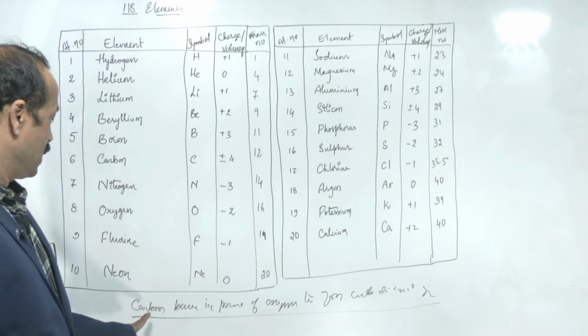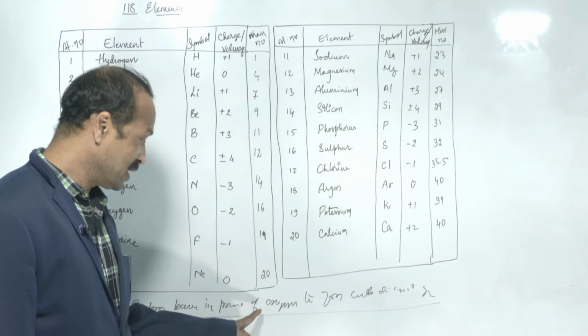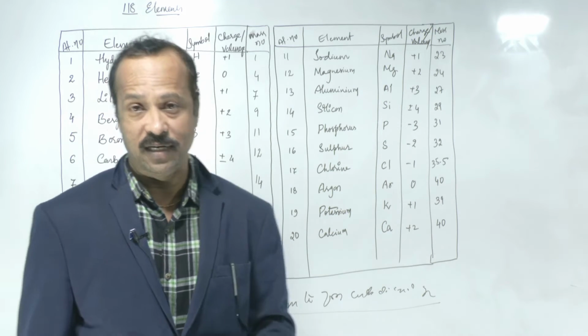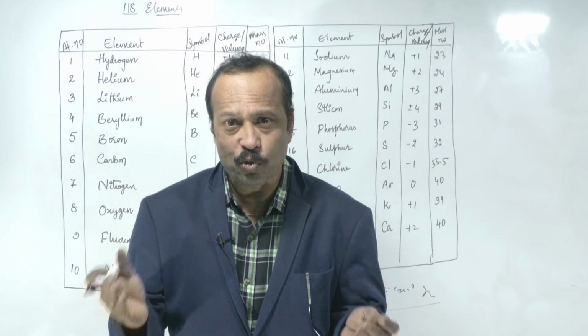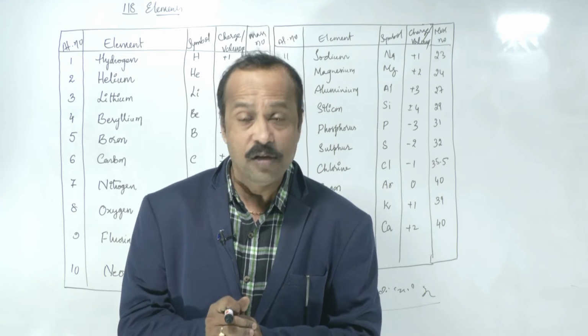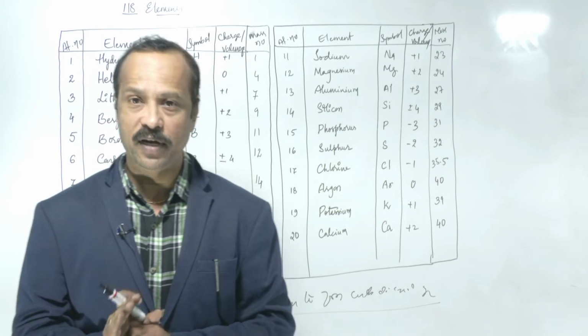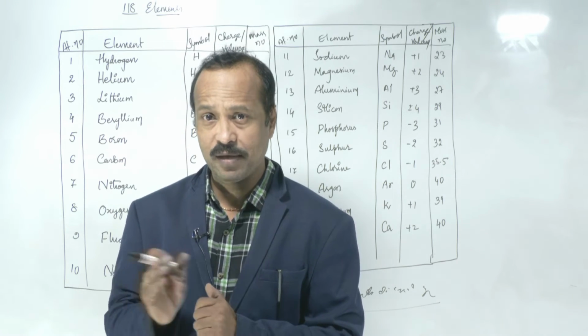Carbon 6 letters, burns 5 letters, in 2 letters, presence 8 letters. If you count, it will be more than 50 or 60 letters for one chemical reaction. Like this, we come across so many chemical reactions in chemistry. So every time writing a complete sentence will be difficult for us. That's why we use a short form to write the chemical reaction.